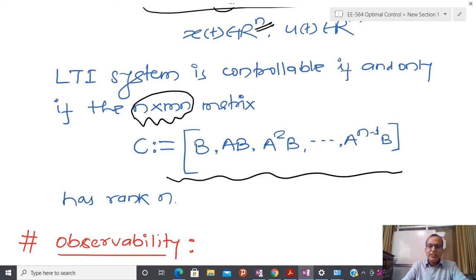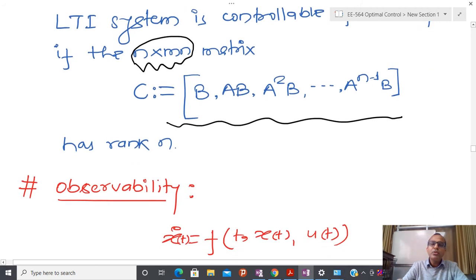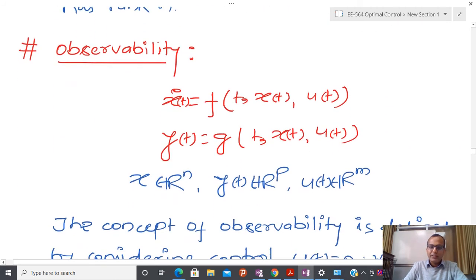Now similarly, another notion is the observability of the system, and this is connected with the output. Most of the time I have a limited number of outputs, or the output is expressed in terms of some function. So the question is: is it possible to know the other unknown states from the output and whatever model is provided to us?